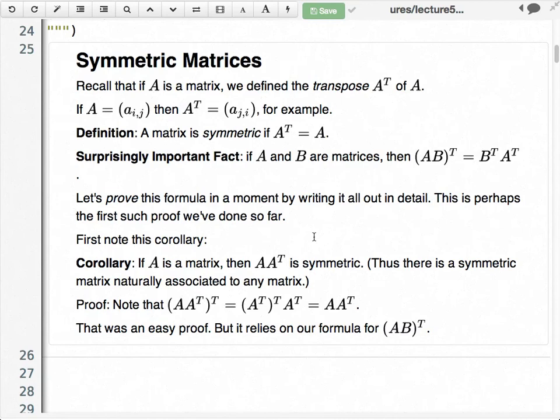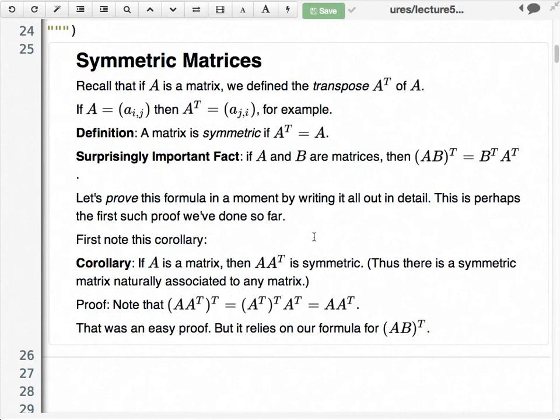Should I try to apply it to this or this? Which of these two things, the one on the left or the right, looks more like what I've written over there and circled? On the right, yes. The thing on the left is not a product in the whole quantity transpose, but the thing on the right is. So now let's simply apply it.